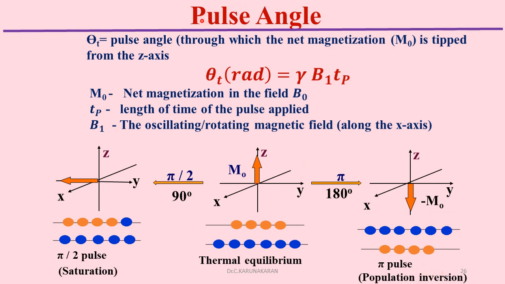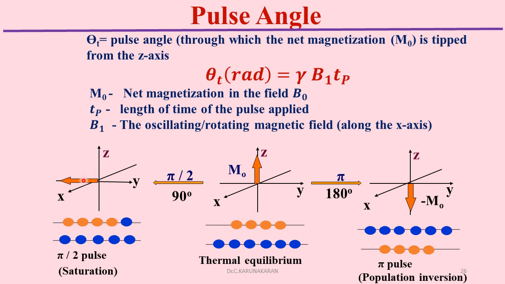Now, what is pulse angle? This formula is very, very important, asked in CSIR and GATE. Problems were asked based on this. What is pulse angle? This is the angle through which the net magnetization is tilted from the z-axis.